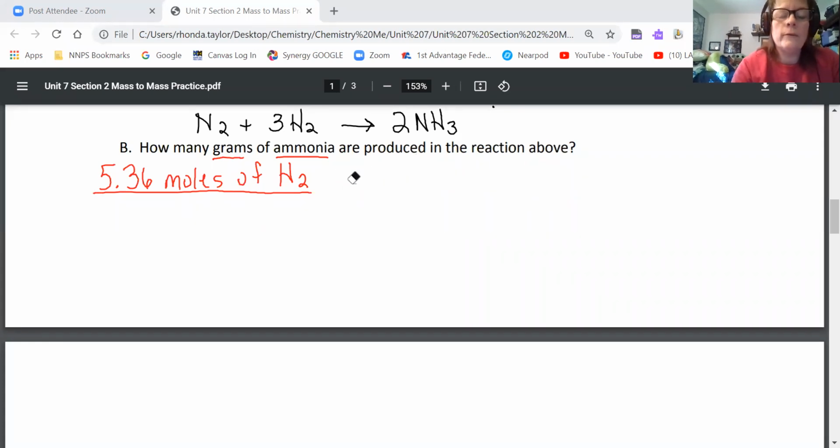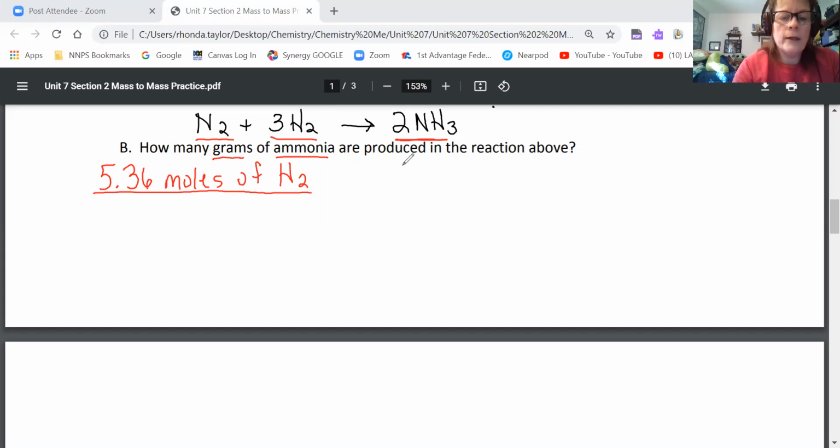So when you're trying to ask about a product, in this case, they're asking about the ammonia, remember, you've got two reactants. So you can just pick whichever one you want to be the other number in the ratio. Okay, but again, since we already figured out in part A that we have 5.36 moles of hydrogen, that's the one we're going to roll with. All right, so let's look at our mole ratio.